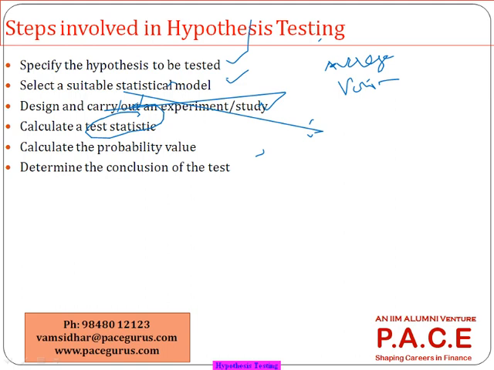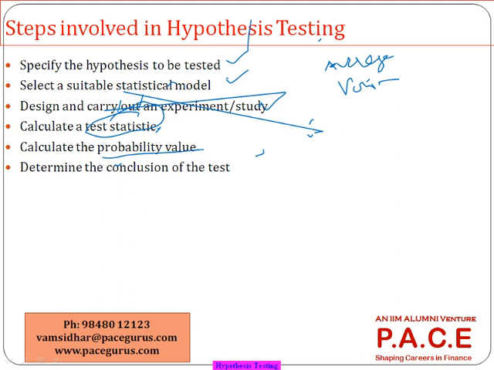And based on the test statistic, we will try to find out the probability value, which will deal with the probability of that hypothesis being rejected, as well as the probability of that hypothesis not being rejected. That is what can be computed from the probability value. We'll discuss all these things in detail step by step, but as a process, and based on that, finally give the conclusion to the test.